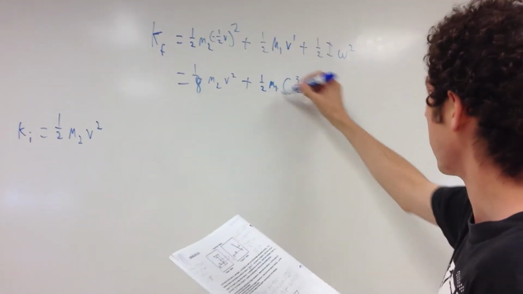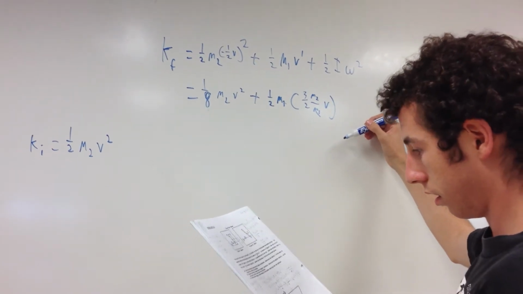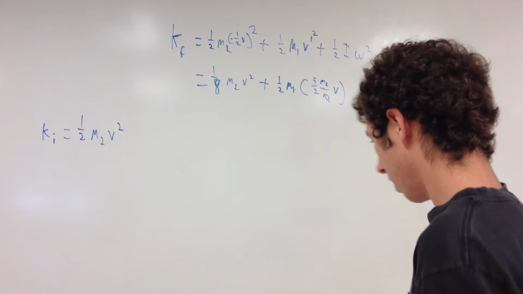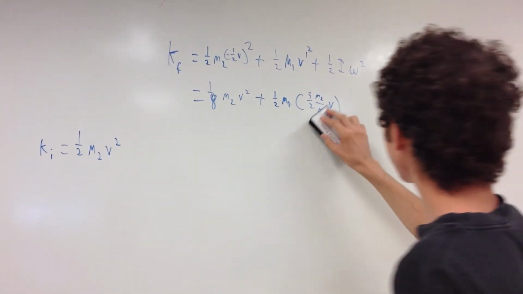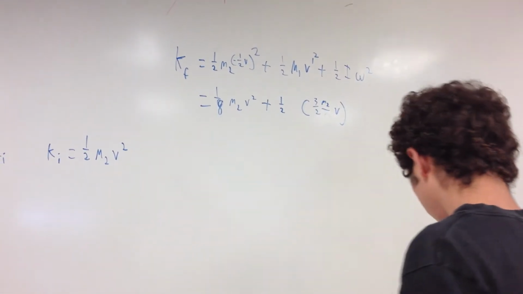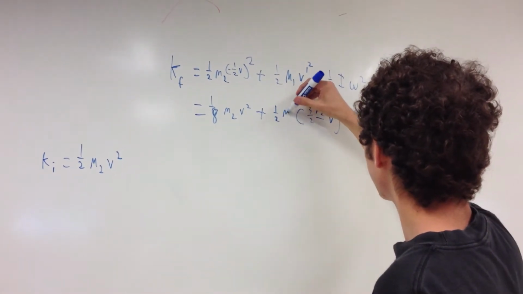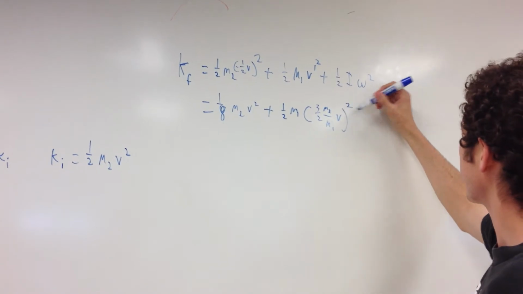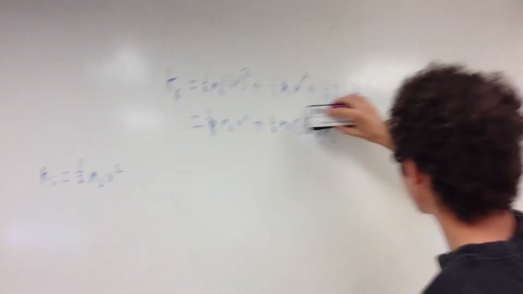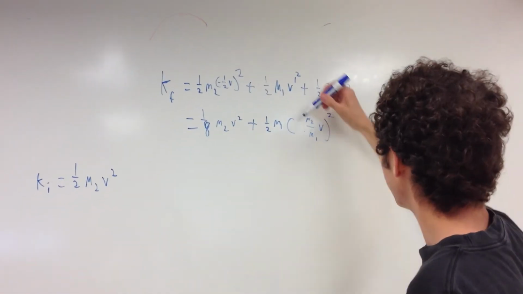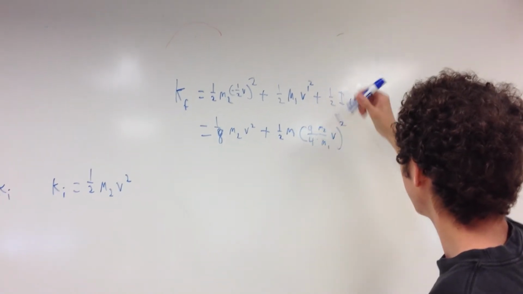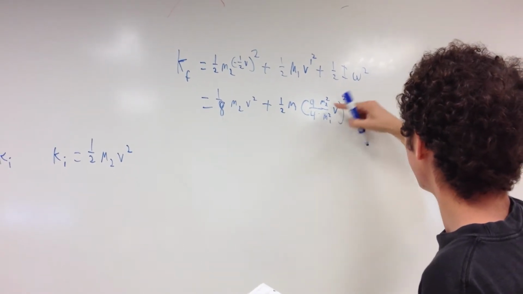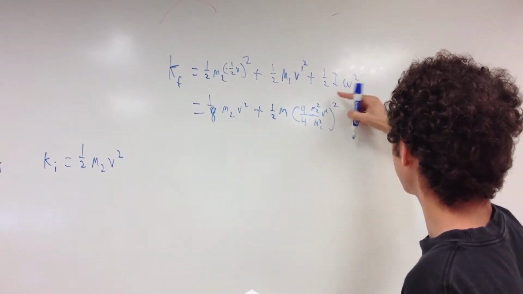So my m1s are going to cancel out. Oh, I'm sorry, I also forgot to square this. So this whole thing is going to be squared. So 3/2 squared is 9/4. m2 squared is easy. m1 squared, and I'm going to have a v squared on top.